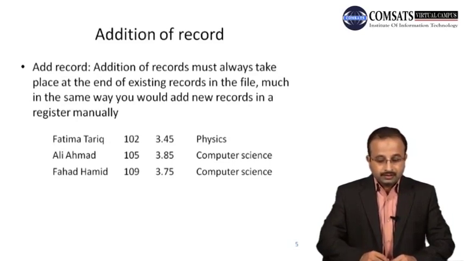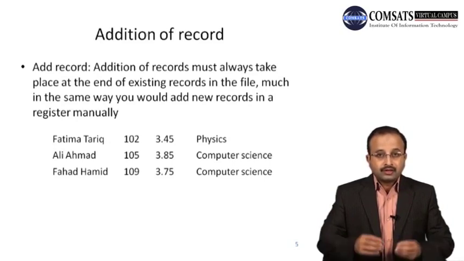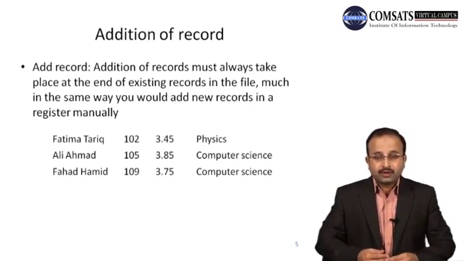So in short, a file pointer points to the first character of the file. So when you open the file in rb+ mode or r+ mode, the file pointer points to the first character of the file.